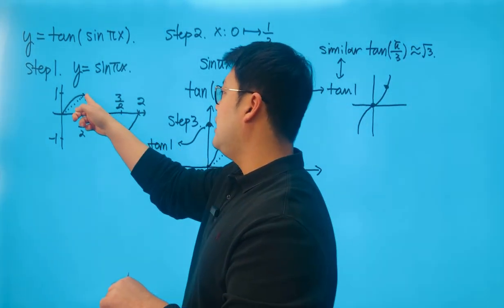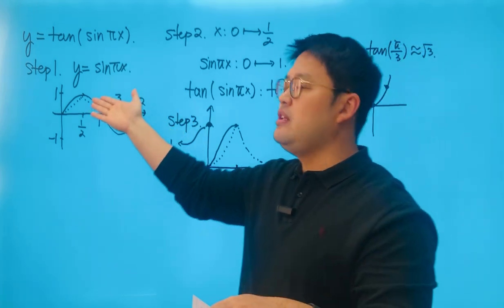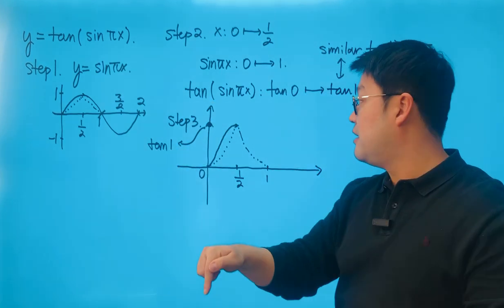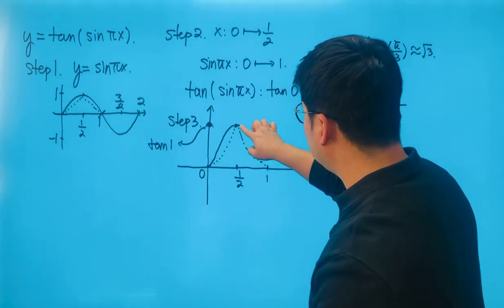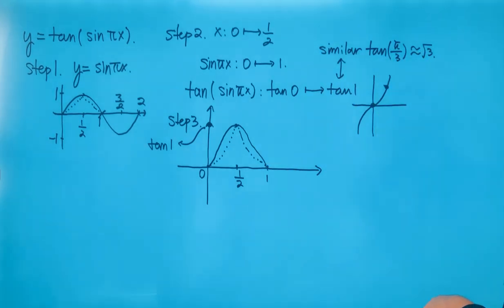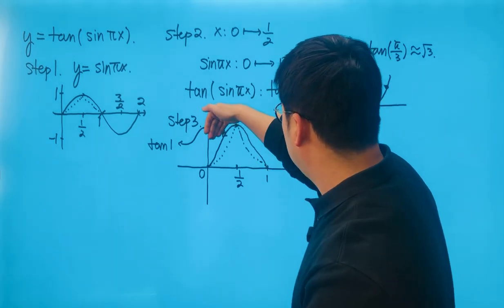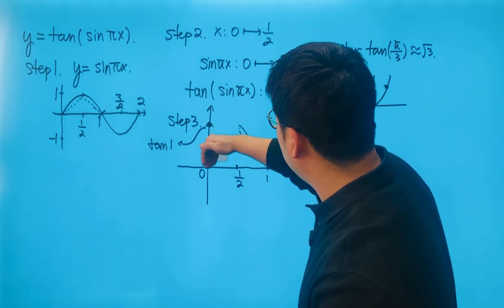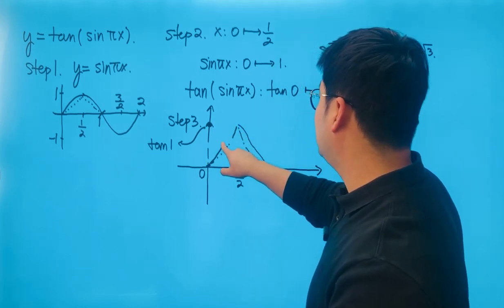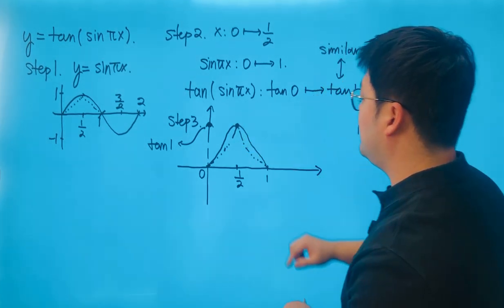But look at this: it dragged a little, then goes faster. It doesn't fall that much at first, but then it speeds up and falls down. Let me erase this part and show you a better picture. It speeds up and then drags down a little. So that is the sketch of this function.